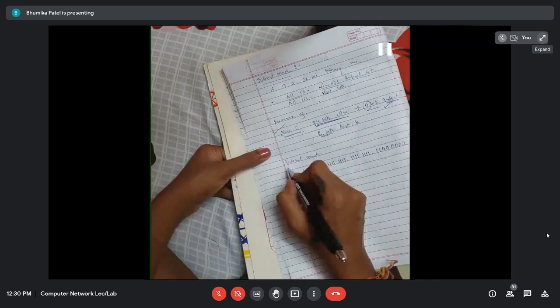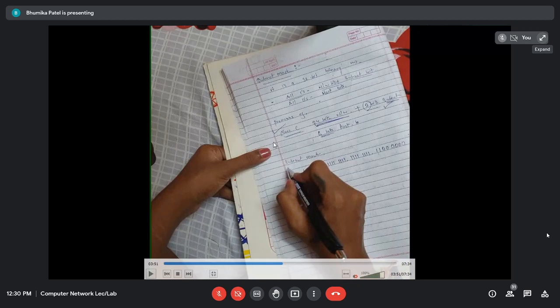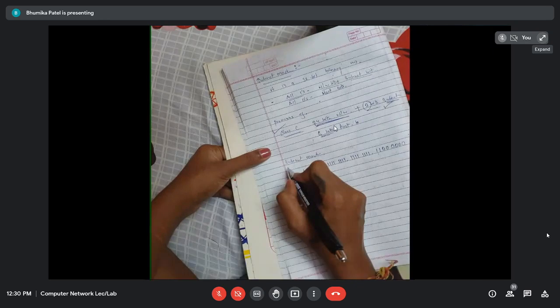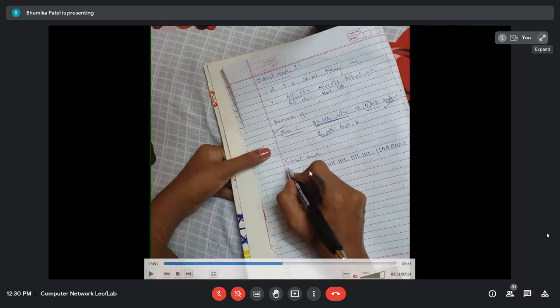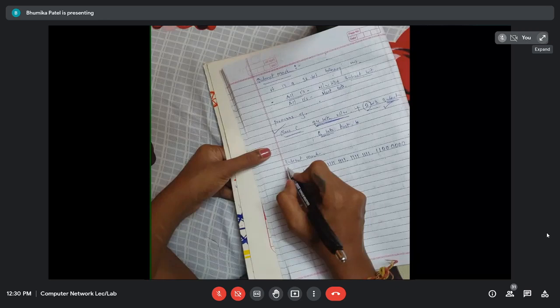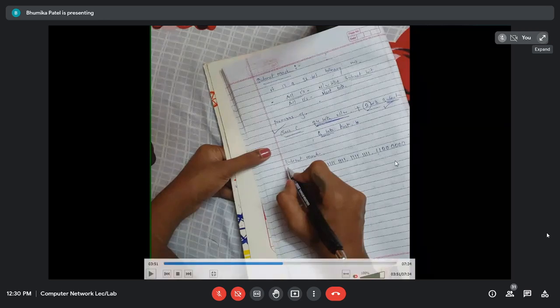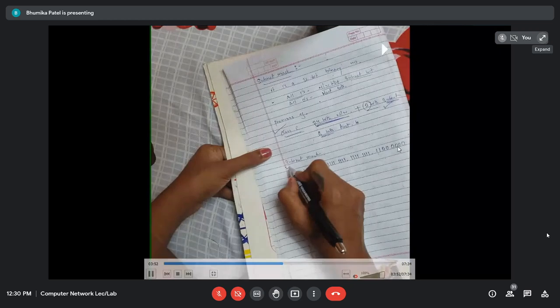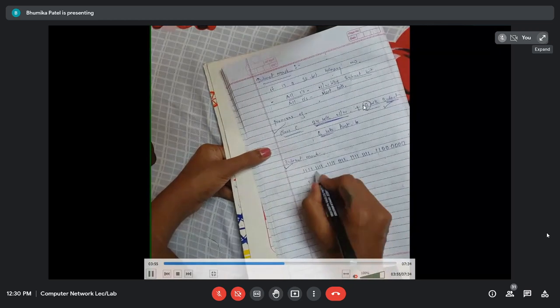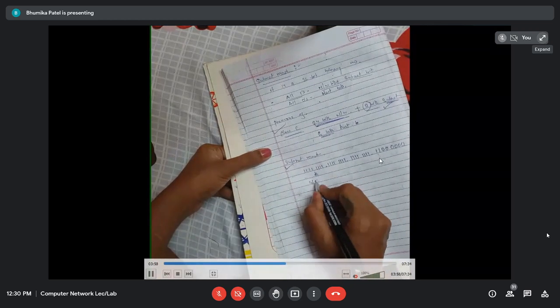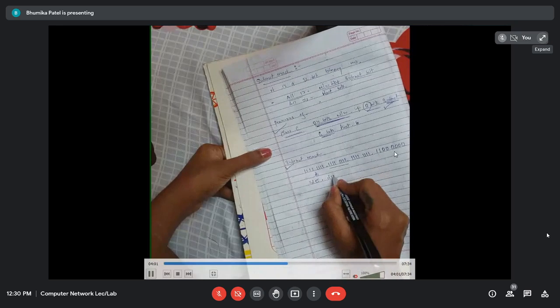So this is the subnet mask for my previous example, in which my network was divided into 4 parts and it belongs to class C. So in class C, whenever the network is divided into 4 different parts, the subnet mask will be like this. First 24 bits are 1, plus 2 bits for the subnetting, which will be 1, and then the last 6 bits will be 0.